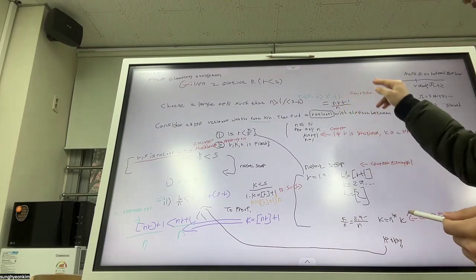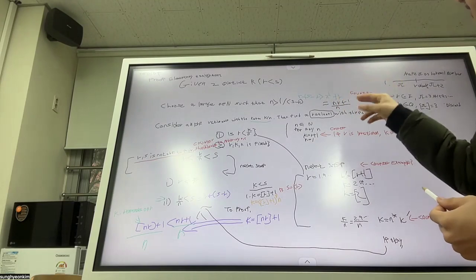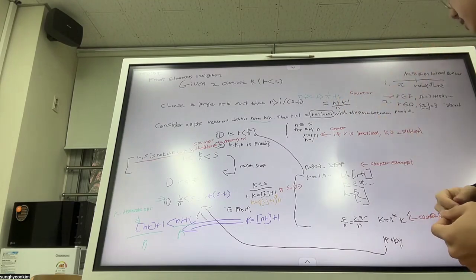How can we make this smaller than NR plus 1 over N?